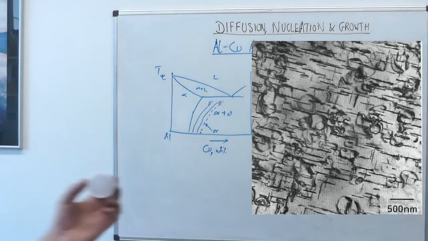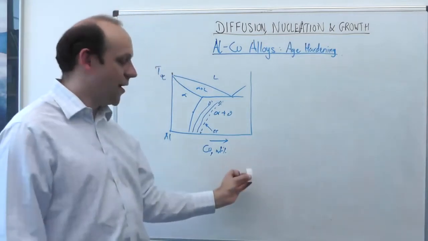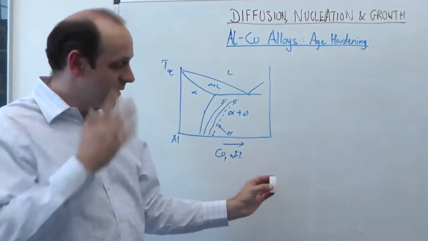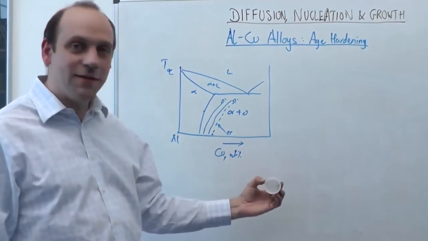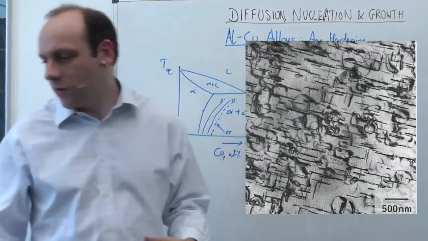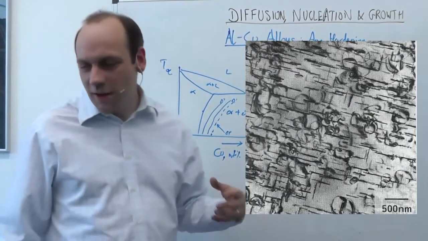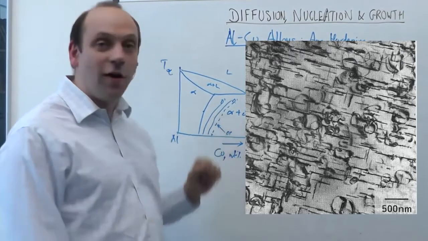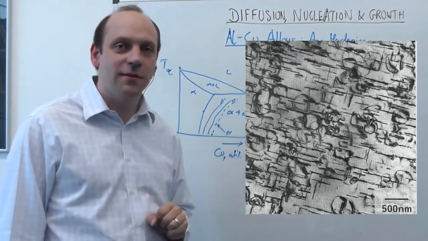It's like you're viewing a disc either that way or that way, because there's an orientation relationship with the matrix that's being shown in this micrograph. If you view the disc like that, you see a circle, and if you view it edge on, you just see a line. And what you're seeing there are circles and lines of the theta prime phase in an aluminium copper alloy that's been aged part way through this transformation sequence.